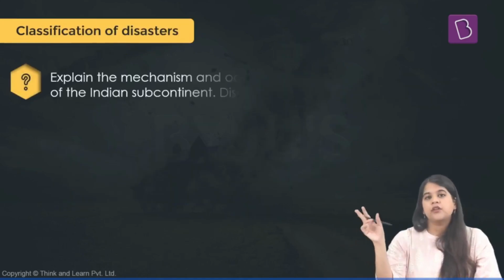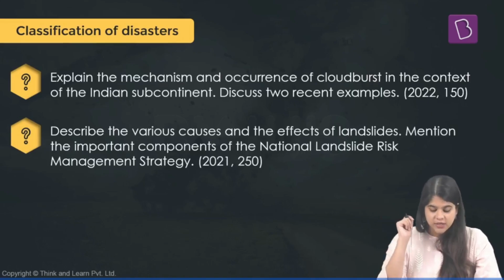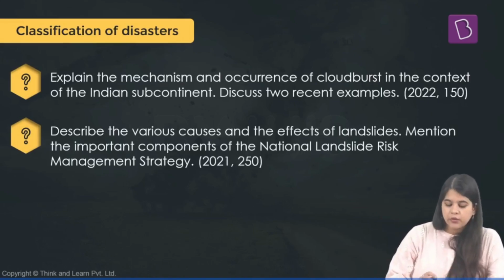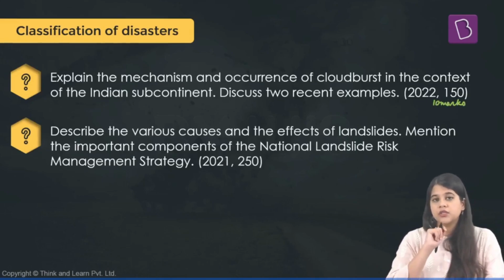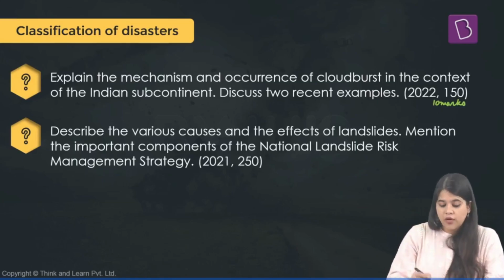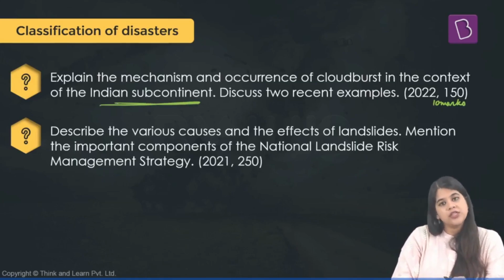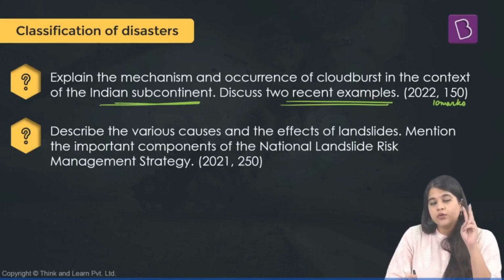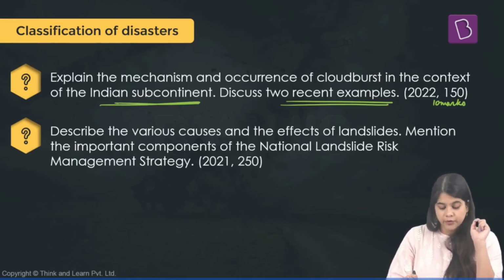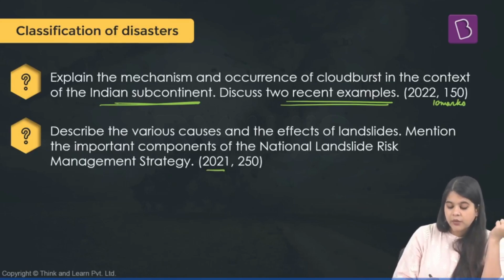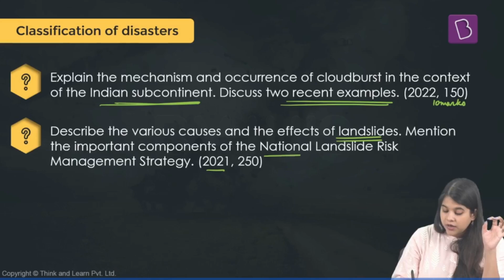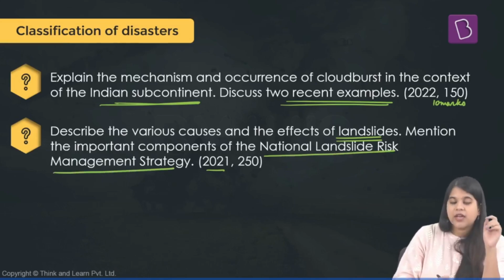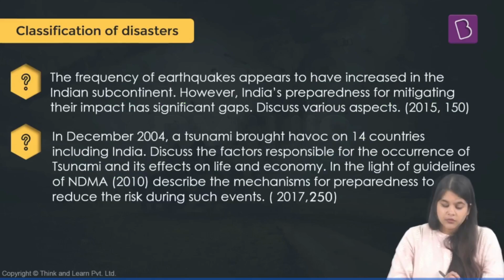Then with regards to classification of disasters, in 2022, we had a question for 10 marks on cloudbursts, the susceptibility of India towards cloudburst, with us required to cite two examples. In 2021, there was a question on landslides and the important components under the National Landslide Risk Management Strategy.